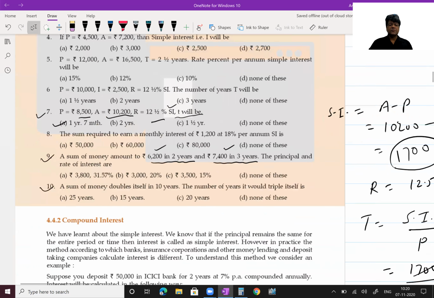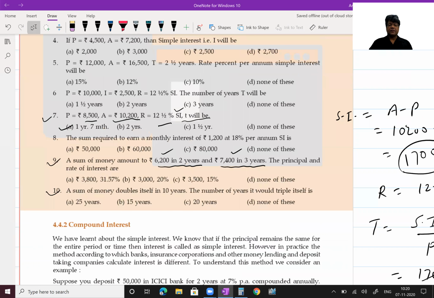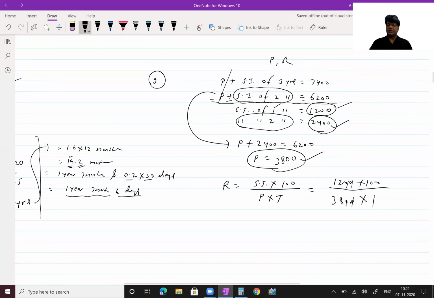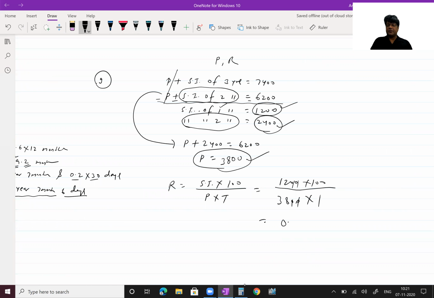Your book's option is 31.57, they have taken only up to 4 digits, so it matches option A. It is equal to 31.57%. So which option? A.